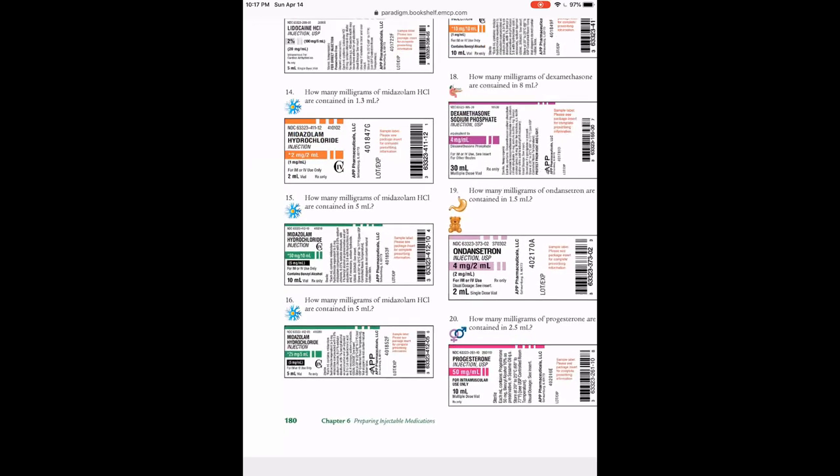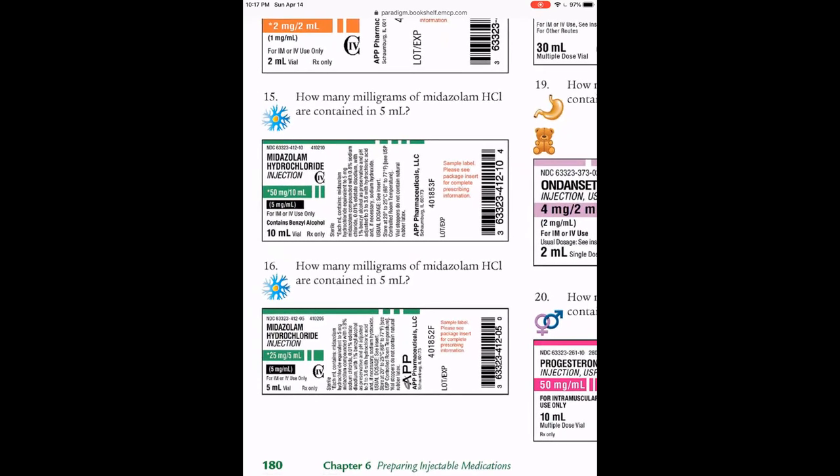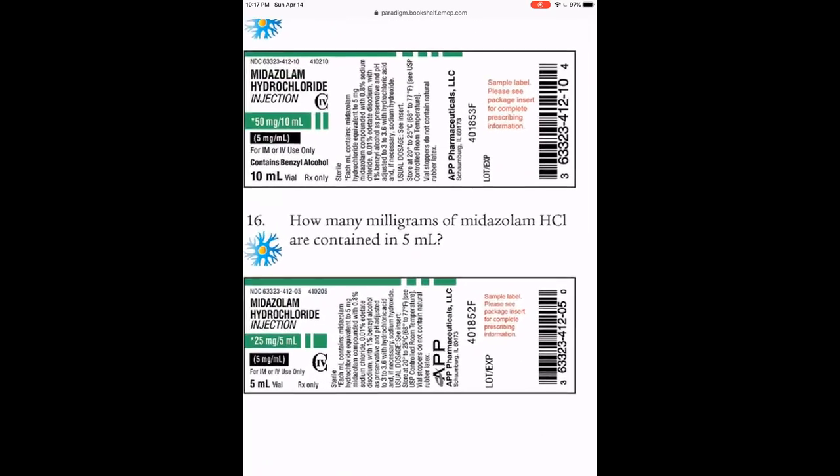Looking at the problems, which one should we do? Let's do number 16. It says how many milligrams of midazolam are contained in 5 mLs. Looking at this label, we can see that we have 25 milligrams per 5 ml.